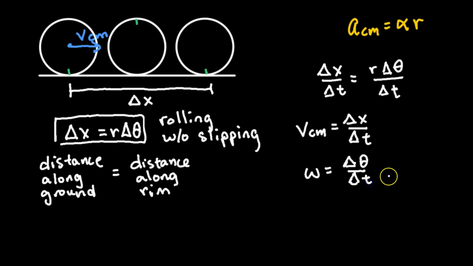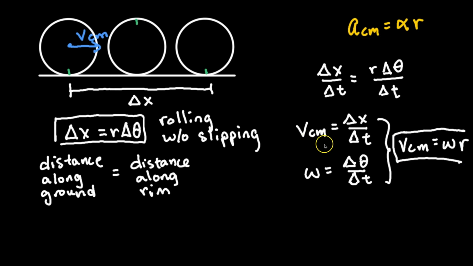And do you remember how we define omega? Omega is delta theta divided by delta t. So if we substitute center of mass velocity and omega into our equation, we get the center of mass velocity is equal to omega times r. And this is true if an object is rolling without slipping.